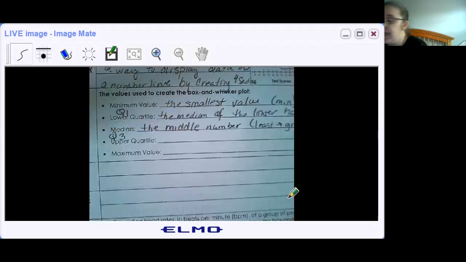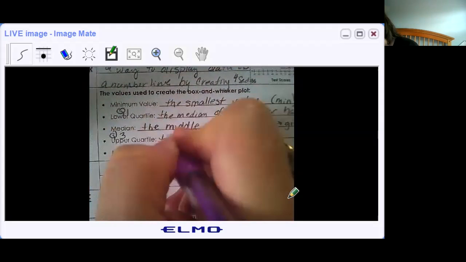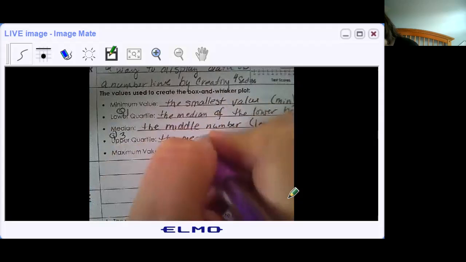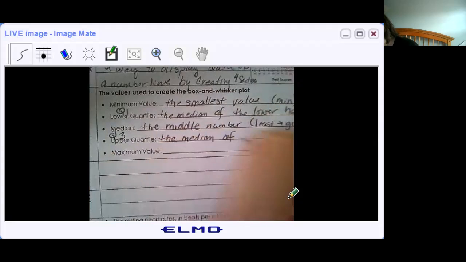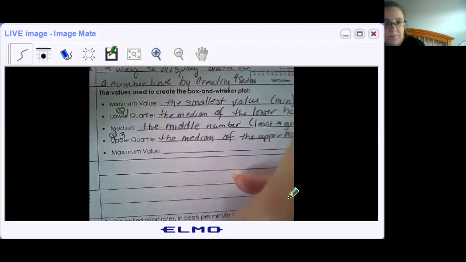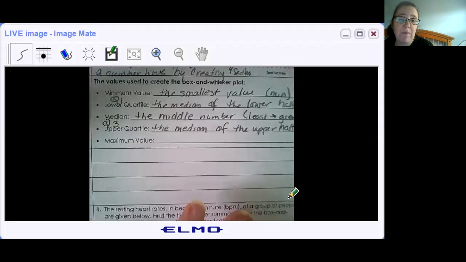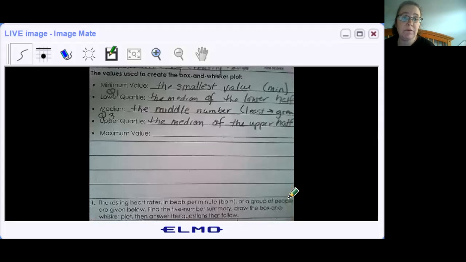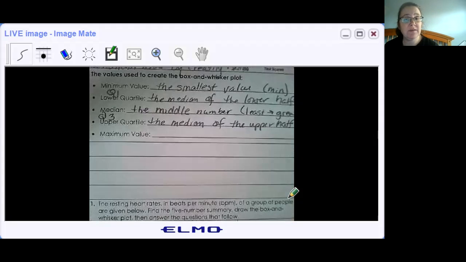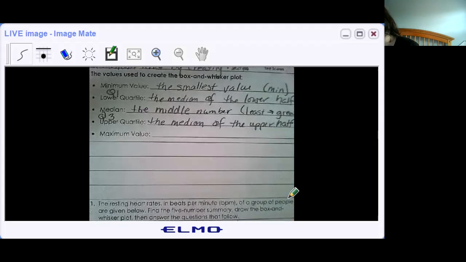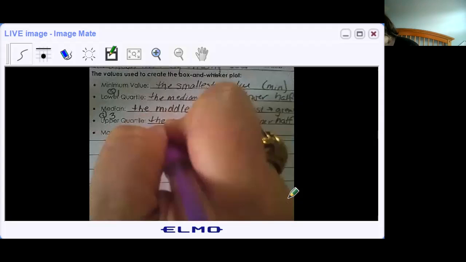It is the median of the upper half. And then of course the maximum value. The maximum of anything is the most we can have. So the maximum of our data set is the largest value in our data set.